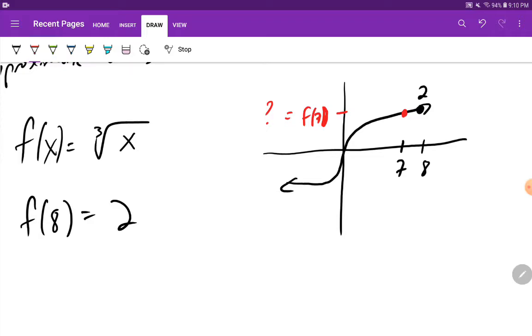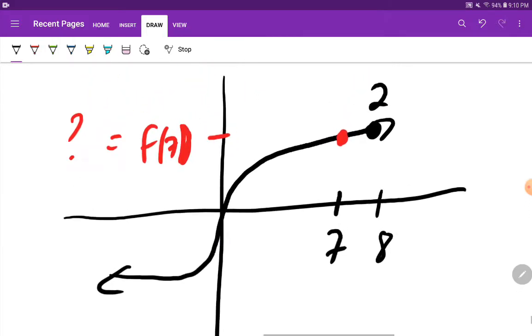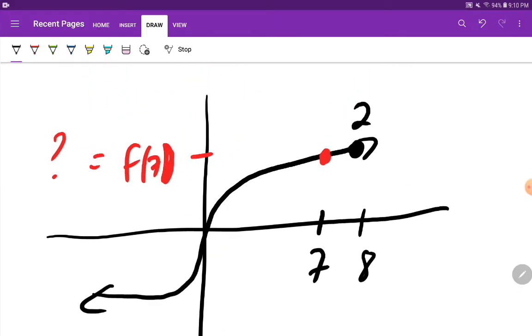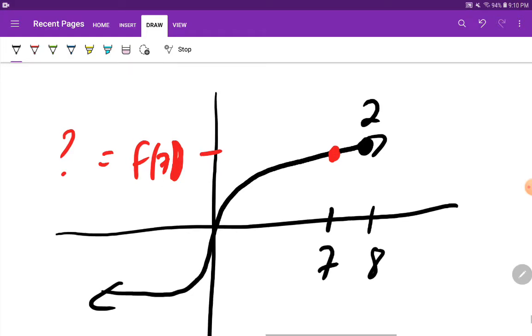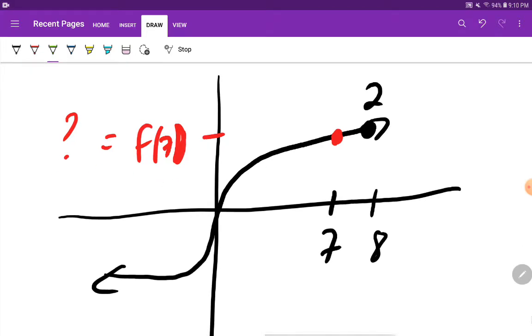What we're going to do, which is a lot faster and easier, is zoom in here and use this idea of local linearity and find the equation of the tangent line at 8. You guys should be masters at this by now. I feel like I've asked you to do this a gazillion times.